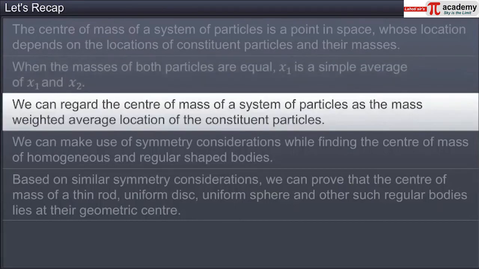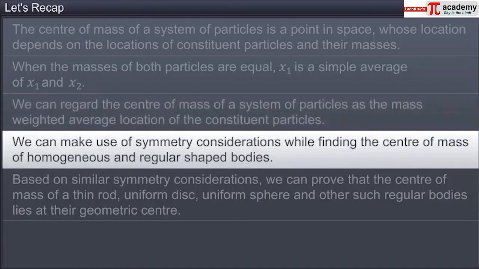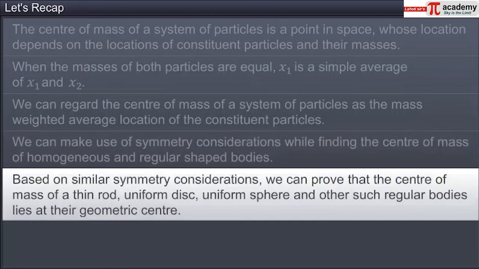We can regard the center of mass of a system of particles as the mass-weighted average location of the constituent particles. We can make use of symmetry considerations while finding the center of mass of homogeneous and regular-shaped bodies. Based on similar symmetry considerations, we can prove that the center of mass of a thin rod, uniform disk, uniform sphere, and other such regular bodies lies at their geometric center.